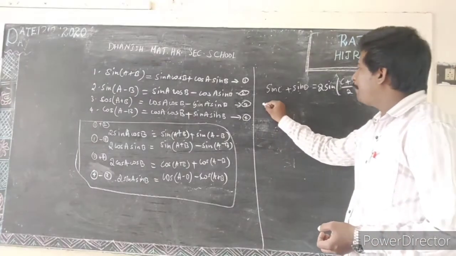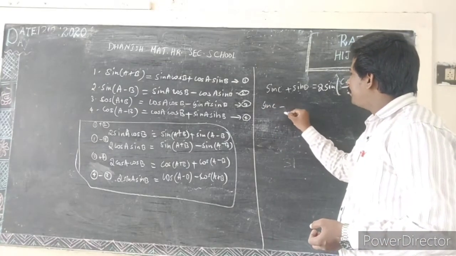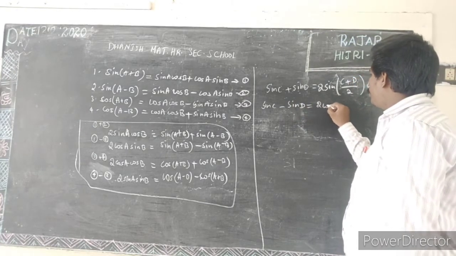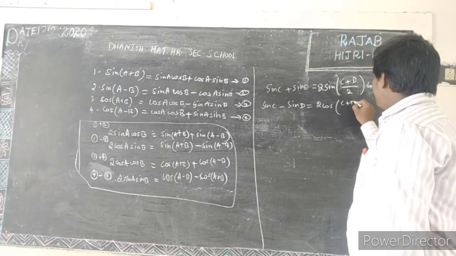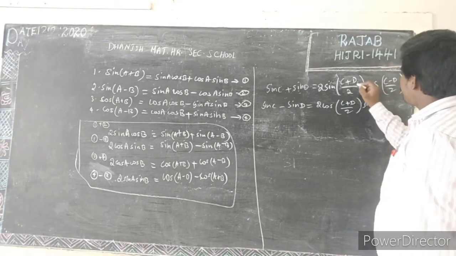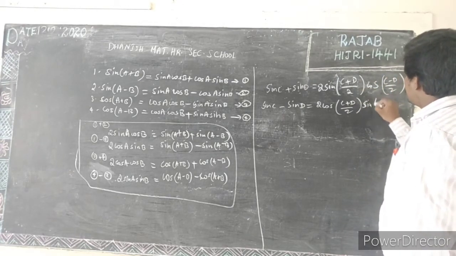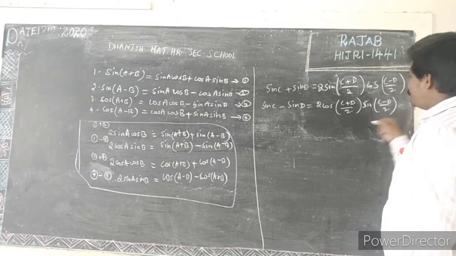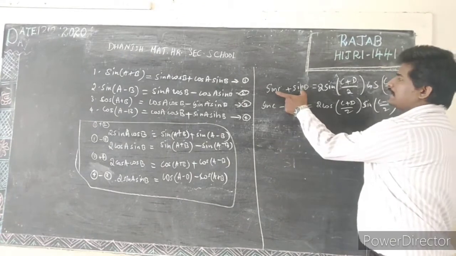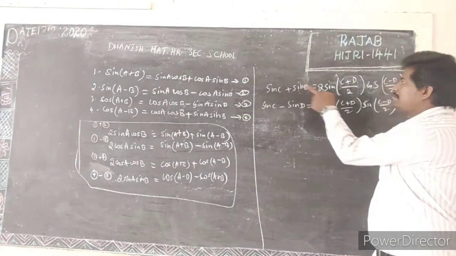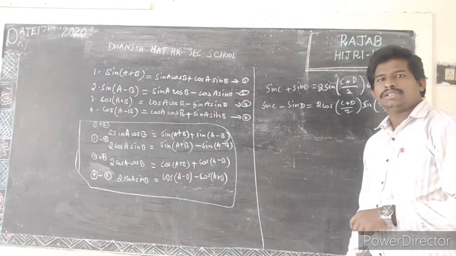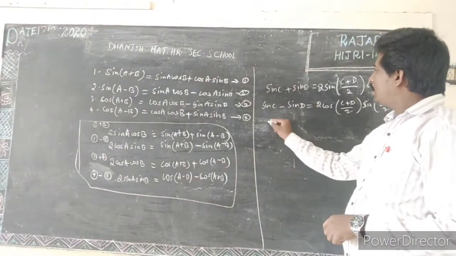Similarly, we will have sin C minus sin D equal to 2 cos of C plus D by 2 into sin of C minus D by 2. Here we have expressed the sum of two terms as product of two terms. Alright, that's our second case.